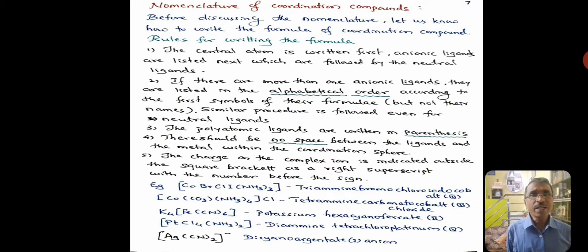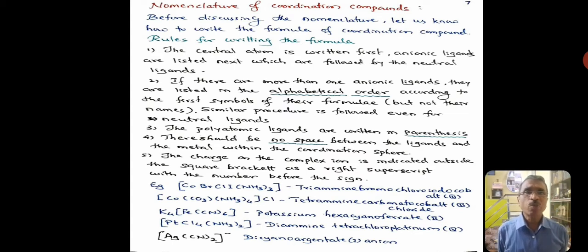Therefore, negatively charged ligands are written first and then the neutral ligand. Similarly, in the second complex, the carbonato ligand, which is negatively charged, is written first, and amine, which is neutral in nature, is written next.